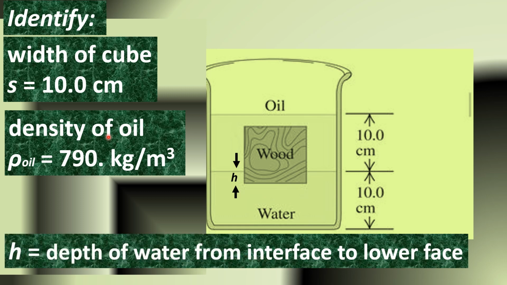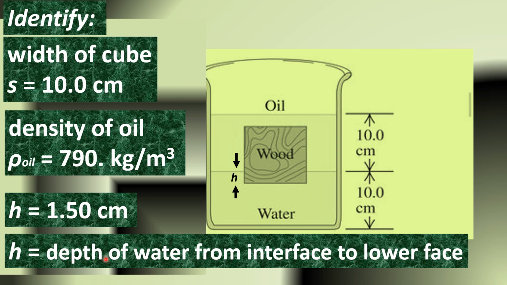Also, the lower surface of the block is 1.50 centimeters below the oil-water interface, denoted here by small letter h. So this depth of the water from the interface to the lower face of the block is given as 1.50 centimeters.